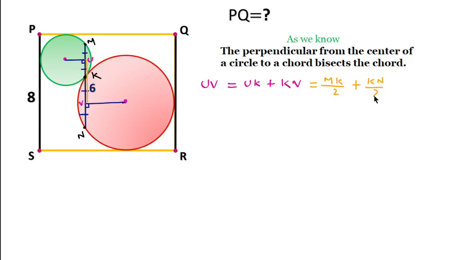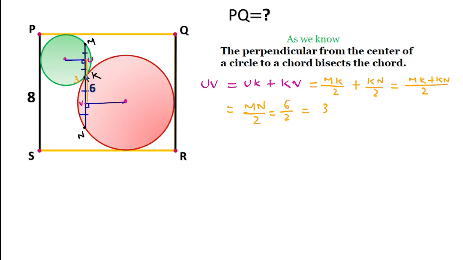And if we take the LCM, then this will be 2, and here we will write MK plus KN. And we know MK and KN together make the length of MN, so we can write directly MN over 2, and the MN length is given as 6 units according to the question. So this will be equal to 3. So UV equals 3 units. It is the orange line segment length.